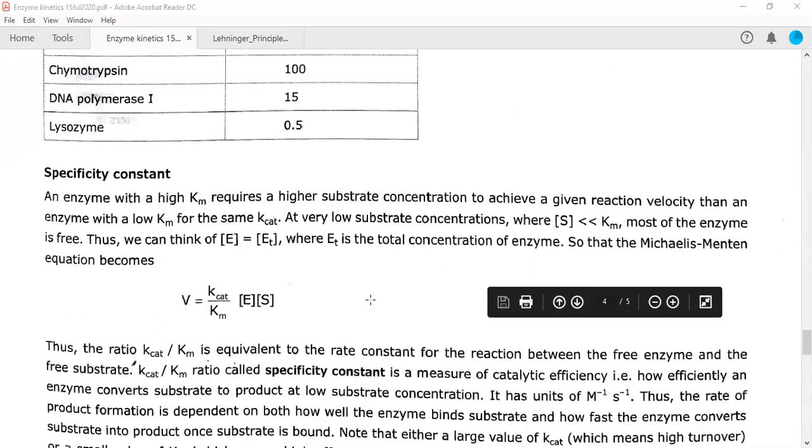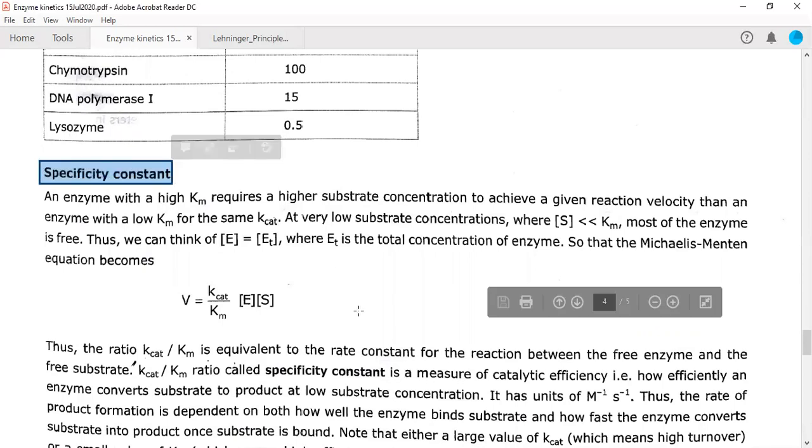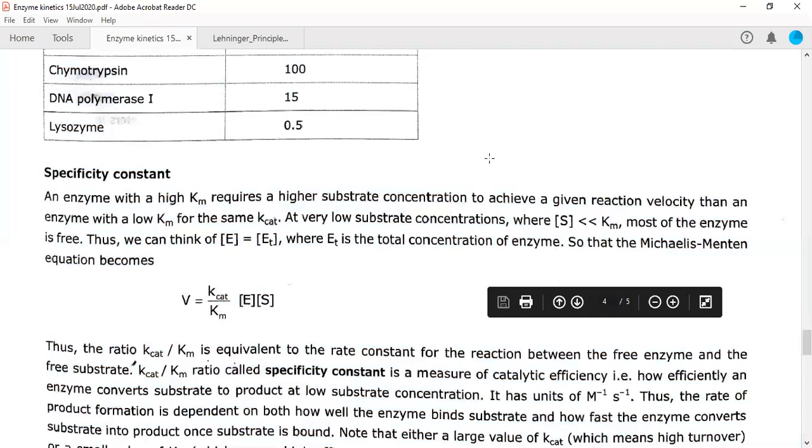The second thing is based upon this Kcat value. If you divide this Kcat value by the Km, the Michaelis constant, you get one more constant that is called the specificity constant. This specificity constant has units per mole per second.